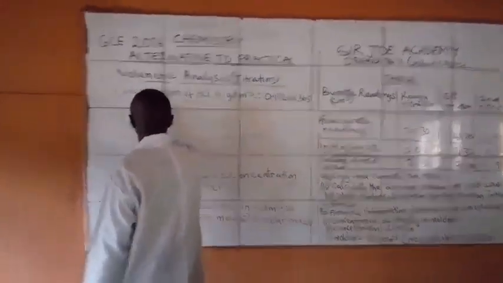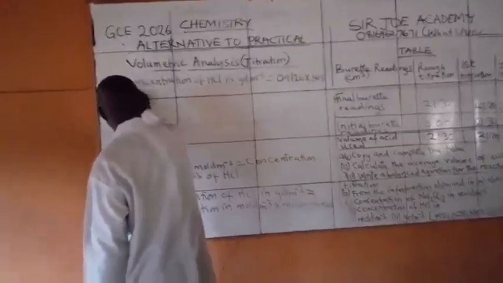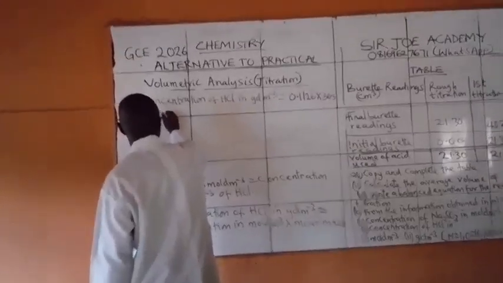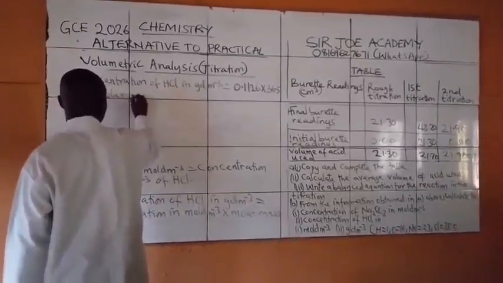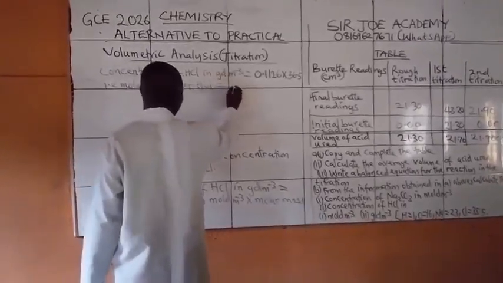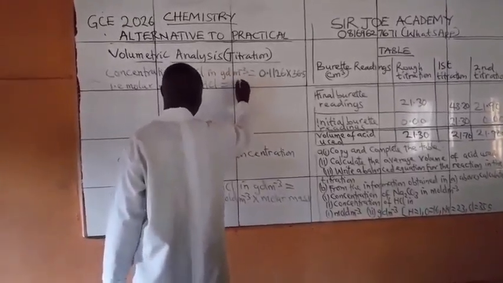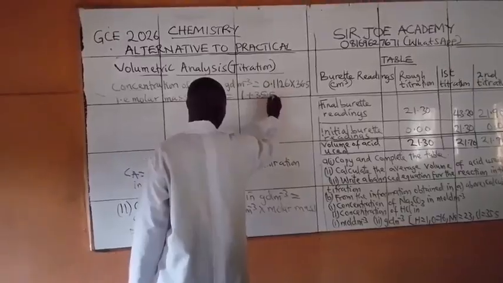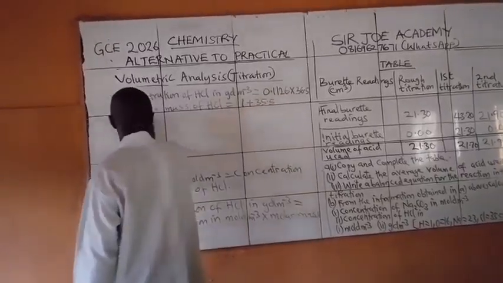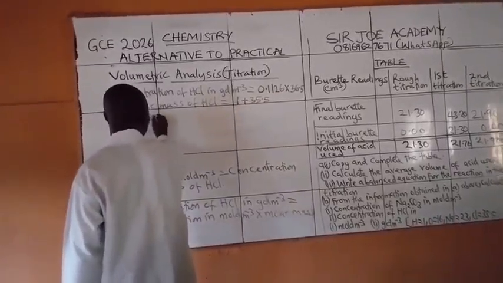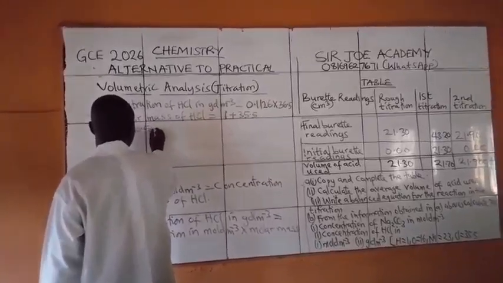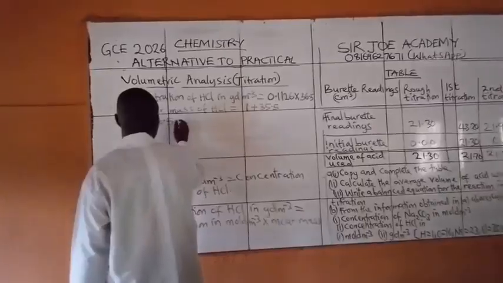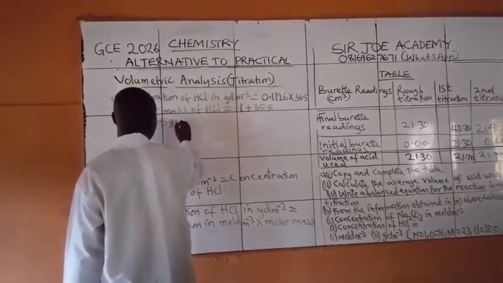Now, the molar mass of HCl is equal to 1 plus 35.5, which is equal to 36.5 gram per mole.